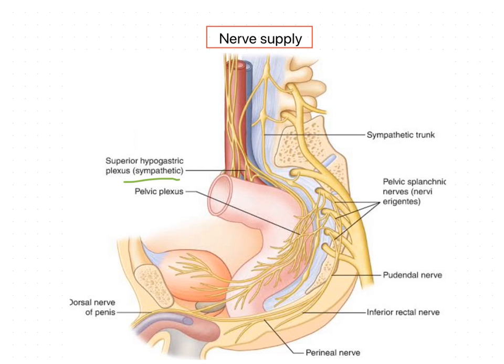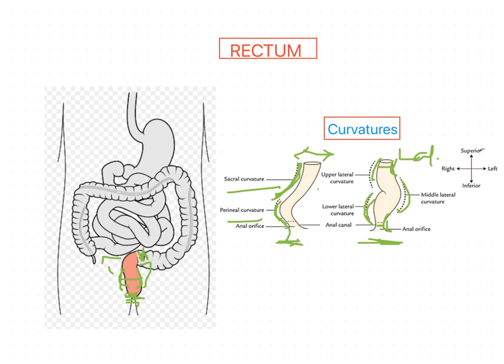If you see the interior structure of the rectum, there are some folds called Houston's valves. These are transverse foldings which we can clearly see at this level.